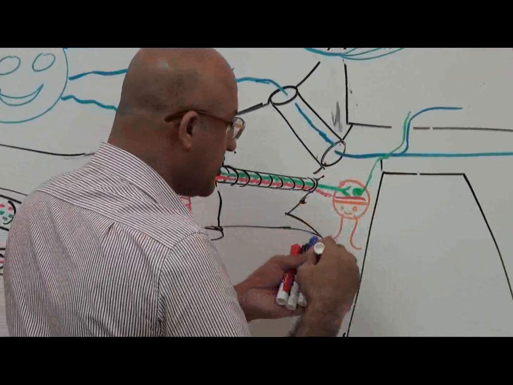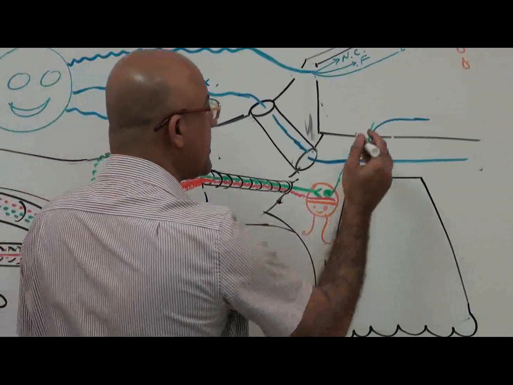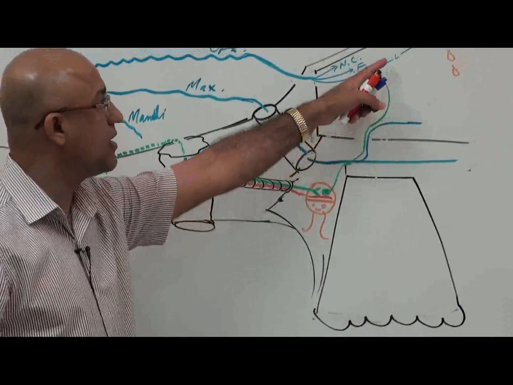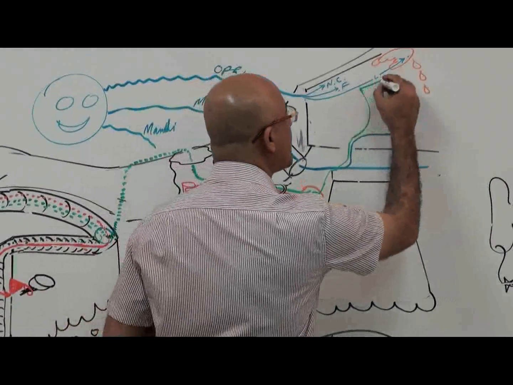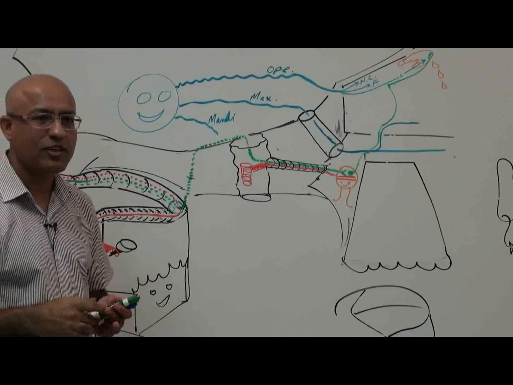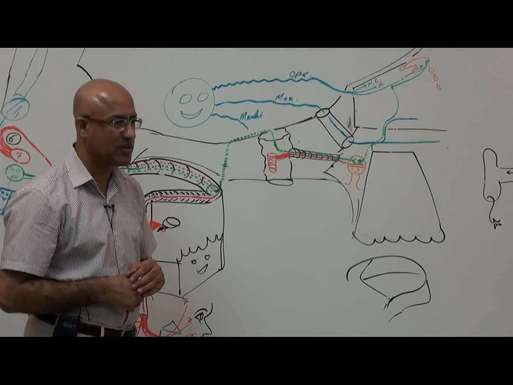From here, they make a communication to what? The lacrimal nerve. And with that, they reach the lacrimal gland. So this is the lacrimatory pathway of parasympathetic fibers.